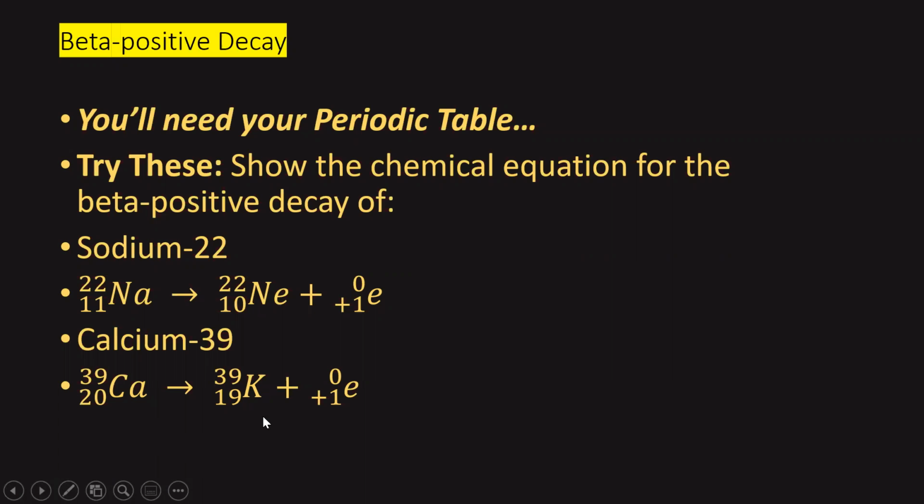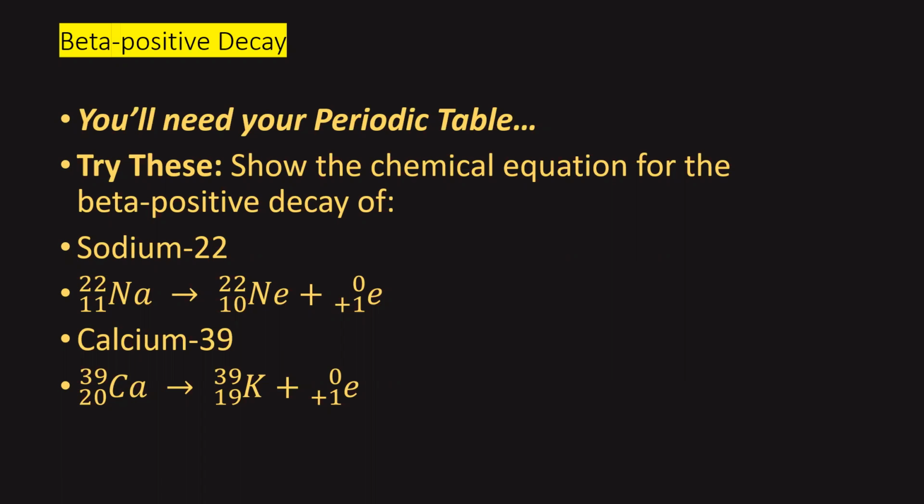Calcium is going to transmutate into the daughter atom of potassium, and we're losing a proton and ejecting a positron. Beta positive decay ejects a positron, beta negative decay ejects an electron.